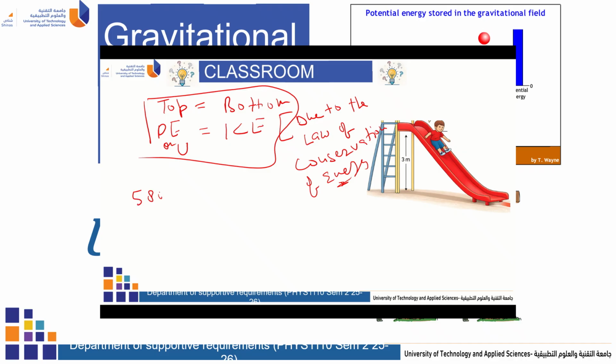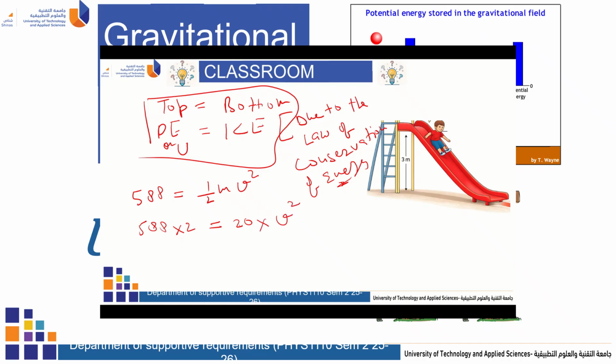This is 588, and this is equal to half m v square. The 588, and this two I will send to the other side. The mass of the child is 20 kilograms, so 20 kilogram I'm keeping here, and this is the v square.